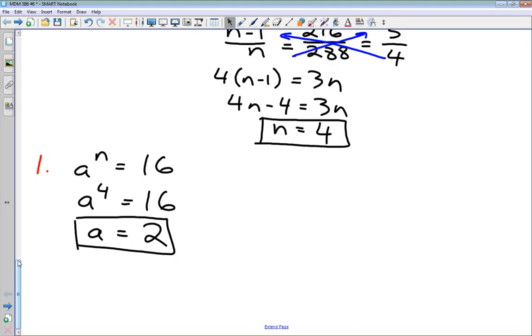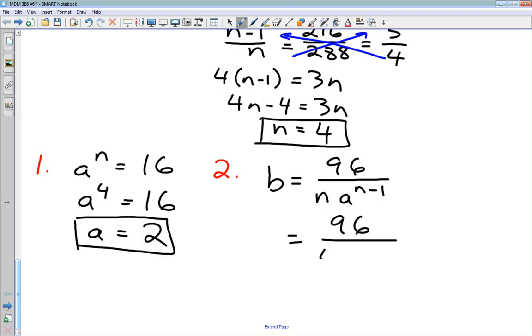So now we've got 2/3 of the things that we are trying to solve here. What can we do with this value of a? Let's go and use equation number 2. Equation number 2 was that b equals 96 over n times a to the n minus 1. We know what a is, we know what n is, so let's sub those in.